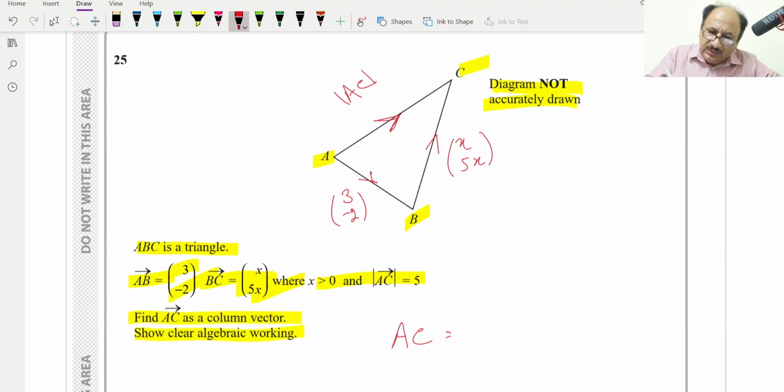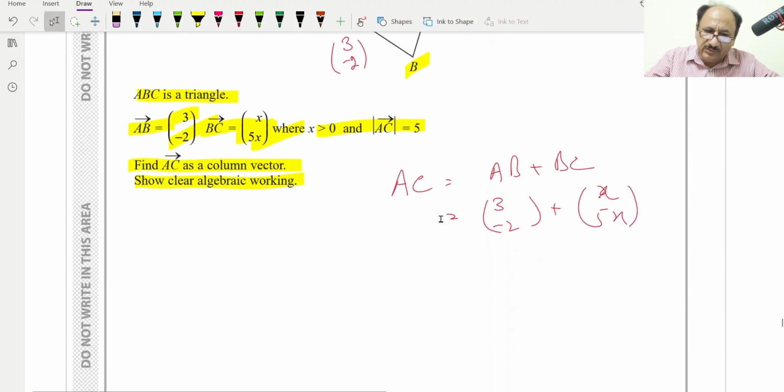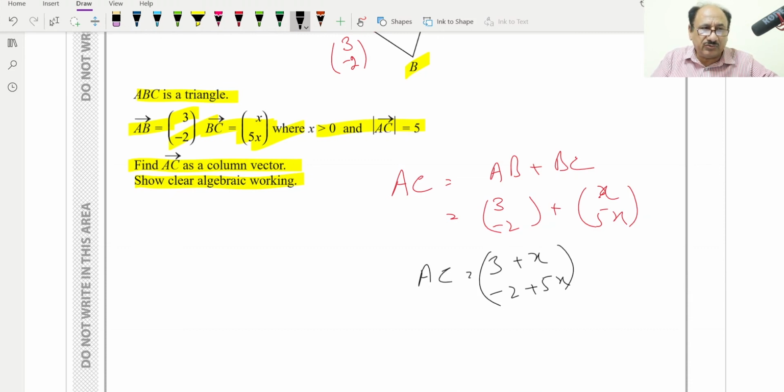AC is AB plus BC, which is equal to 3, minus 2 plus x and 5x. We will be adding this, so I'll change the color. So AC is equal to 3 plus x and minus 2 plus 5x in column vector format. This will be the column vector for AC.